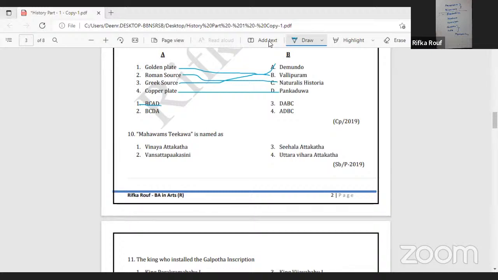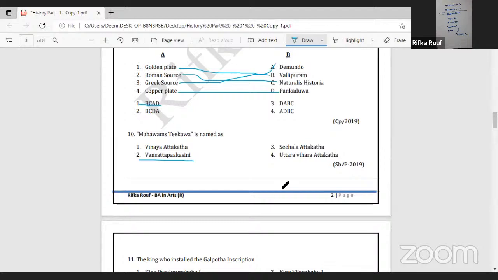Correct, Zaina. Vamsatthappakasini. The Vinaya Attakatha, Sihala Attakatha and Uttara Vihara Attakatha are books written before the Deepavamsa and Mahavamsa.